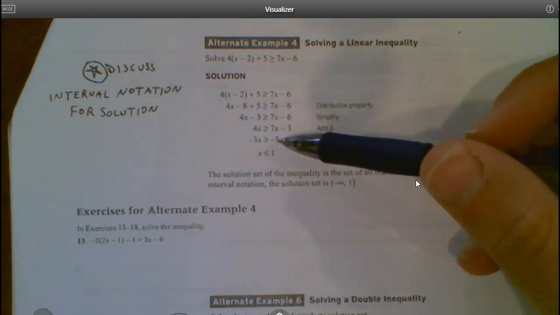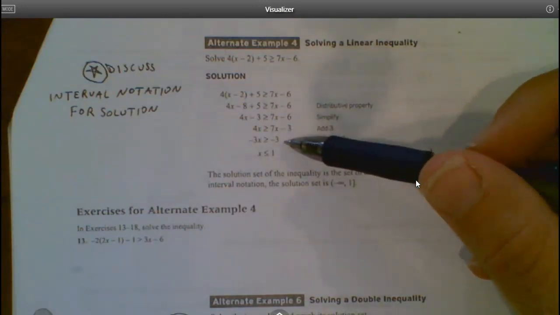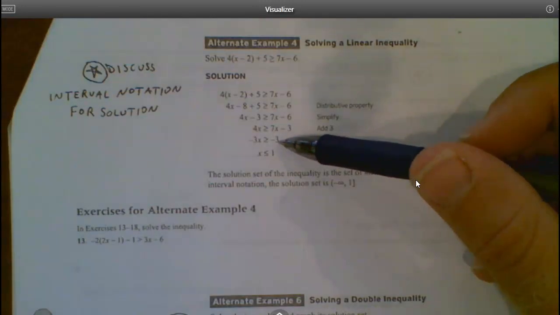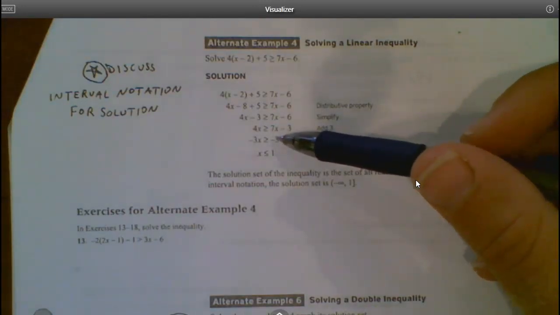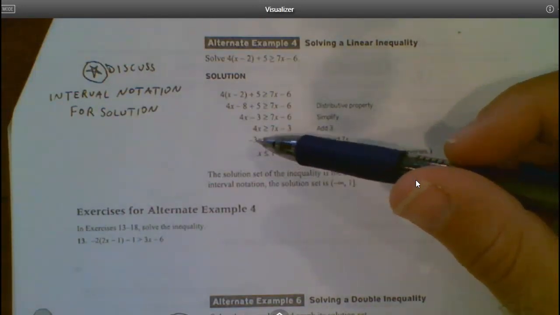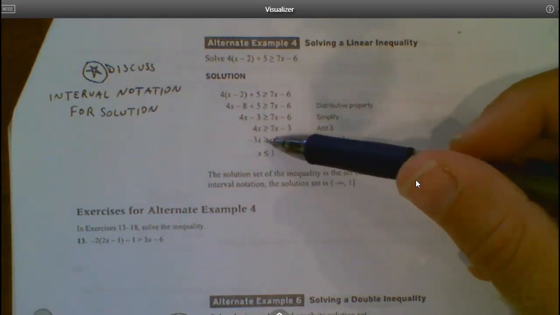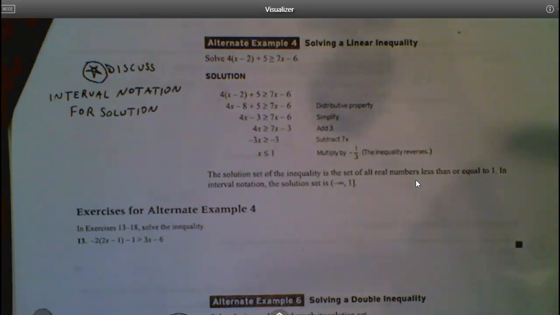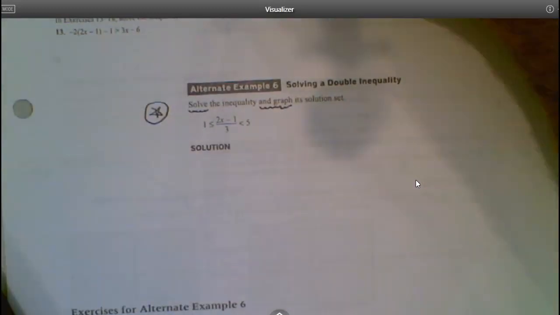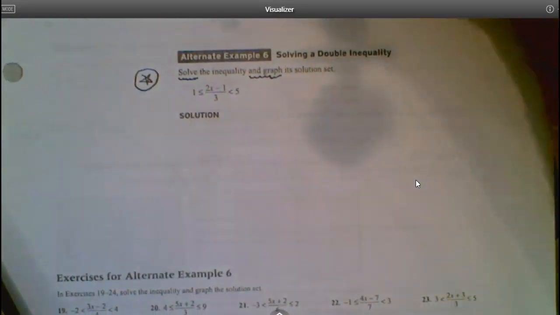So one thing I wanted to remind you on cases like this, remember that when you're solving inequalities, anytime you multiply or divide by a negative number, it does flip your sign, so that's why you see the little sign change right here. So let me move on down to this one. Solving an inequality like this one, we're just isolating the x.